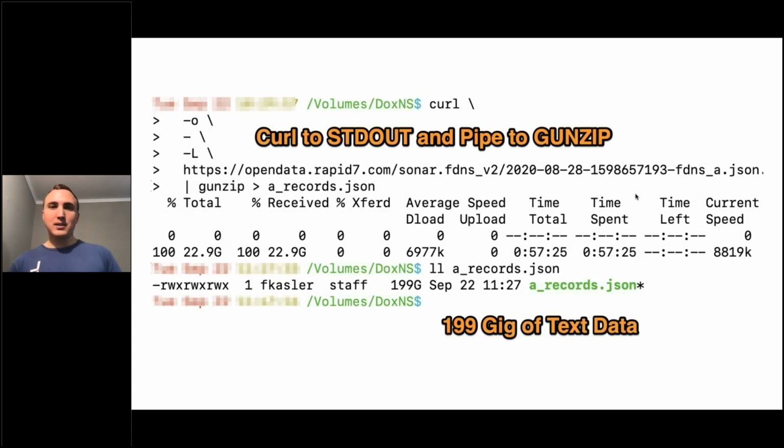So when working with these data sets, try to streamline stuff as much as possible. This is just an example of streamlining the steps of downloading the file and unzipping it. Because unzipping it can take over an hour itself, and downloading it can take half an hour to an hour, you can combine these steps by just piping curl to standard out and then piping that over to gunzip in order to get our unzipped data here, 200 gigs.